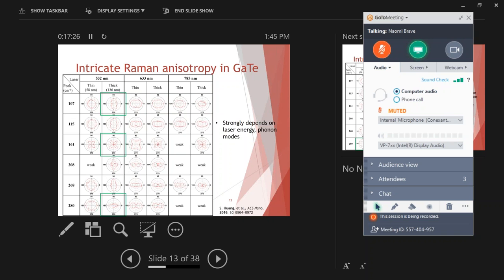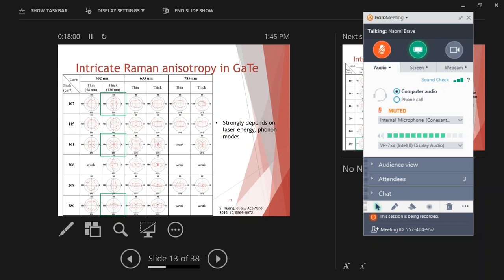And the second observation is that the Raman anisotropy can also strongly depend on the phonon modes. As we can see here, these 3 modes give us very different Raman polar plots. For this 107 mode, we know it's an AG symmetry mode, and therefore we can see the period of this Raman intensity is 180 degrees. However, for this 161 mode, which is a BG mode, it has a different symmetry than this 107 mode.